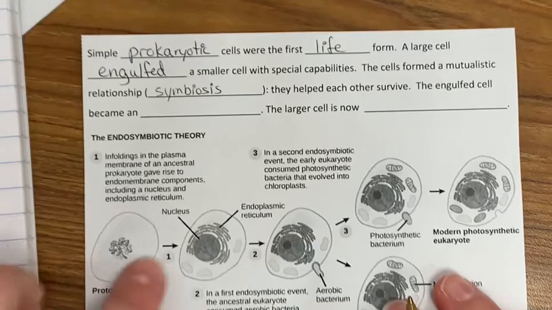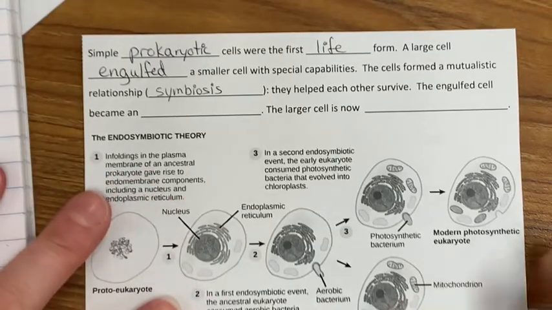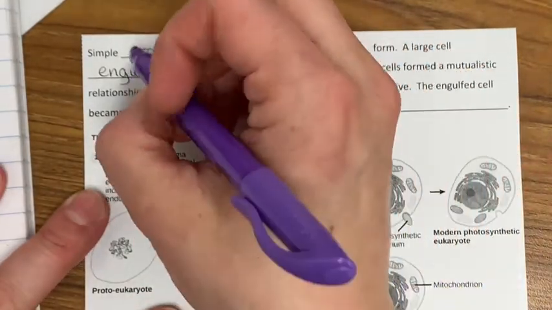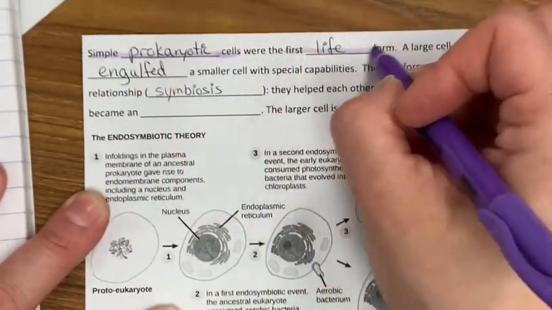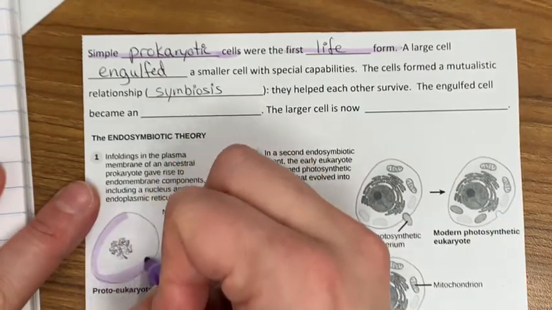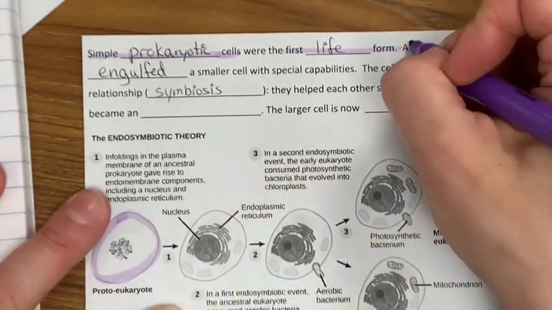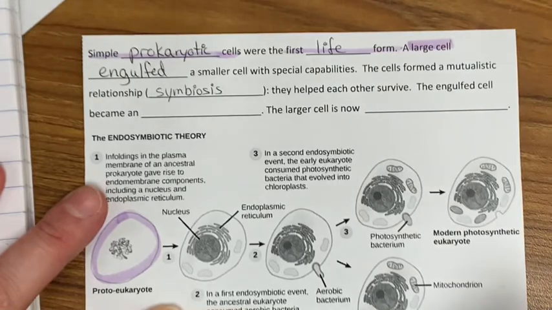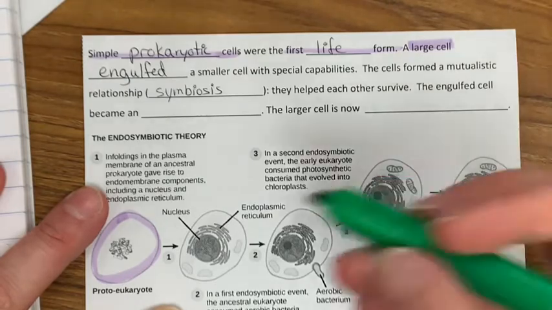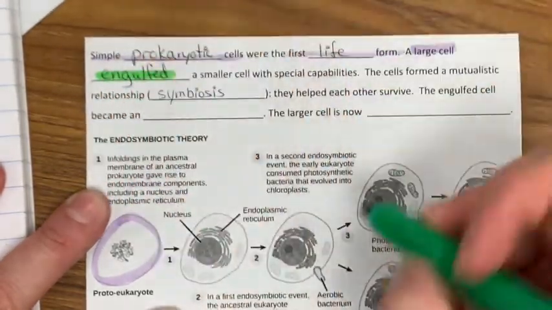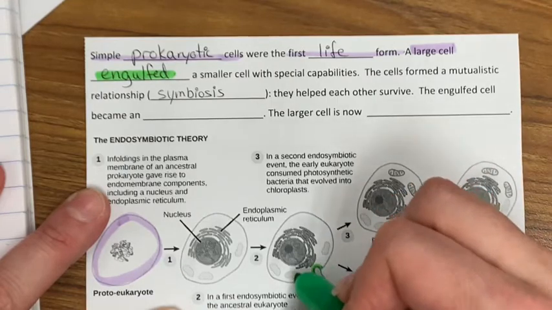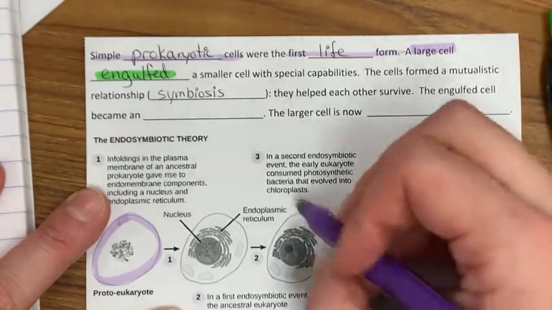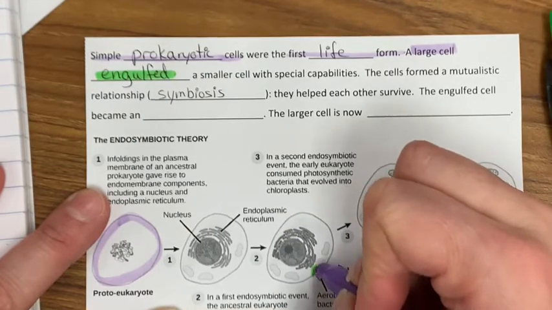So we started off with this simple prokaryotic cell, the first life form. It was the larger cell, and it engulfed a smaller cell. So engulfed, that's this action right here. This big cell is taking in this little cell right here.